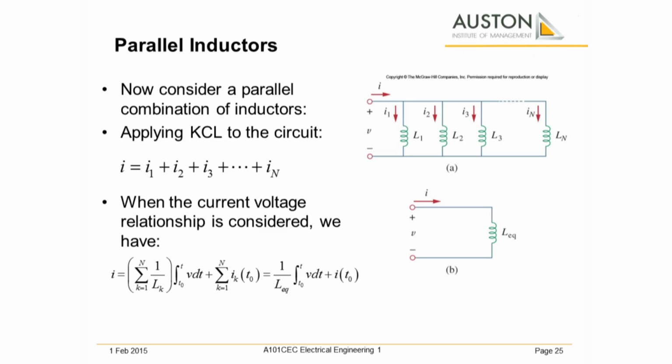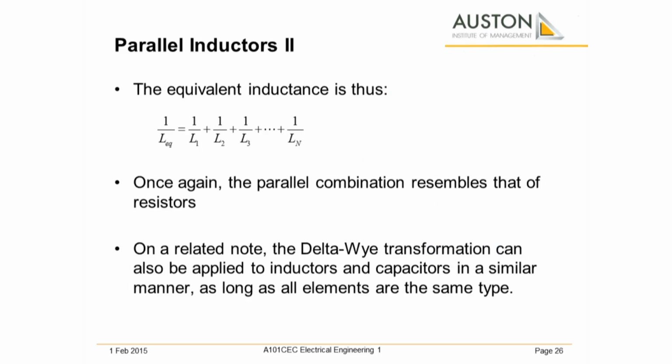This means that the total current I is equal to I1 plus I2 plus I3 plus I4. Putting this current into the current-voltage relationship and factoring out currents and voltages, we come up with the equivalent inductance. Note that the parallel combination resembles that of resistors.